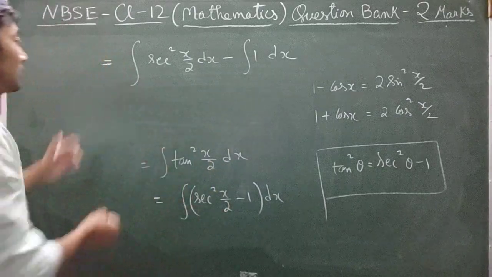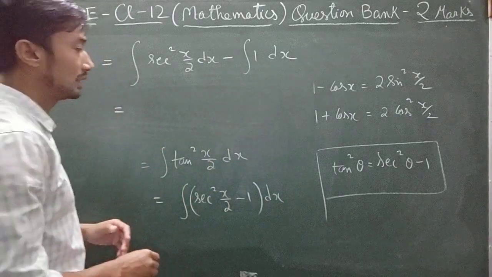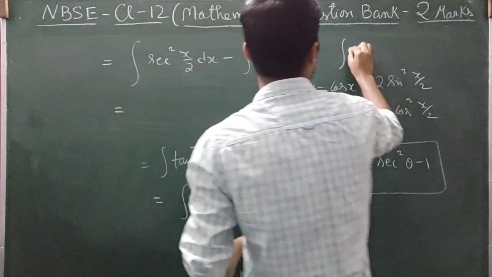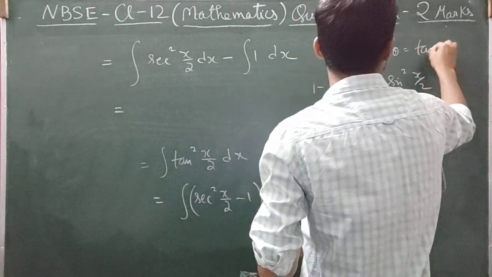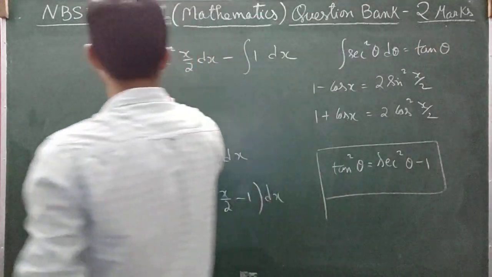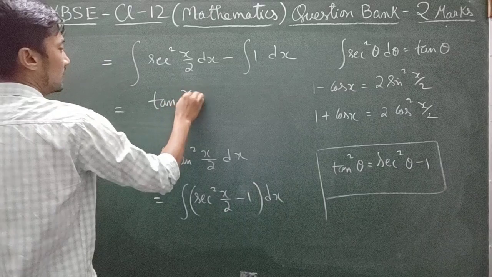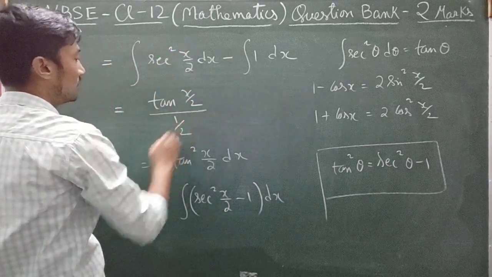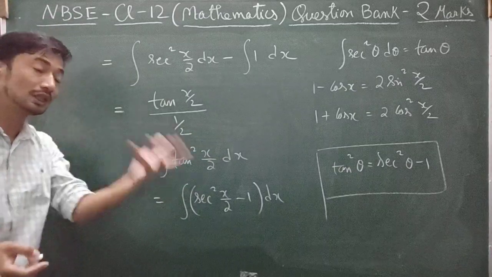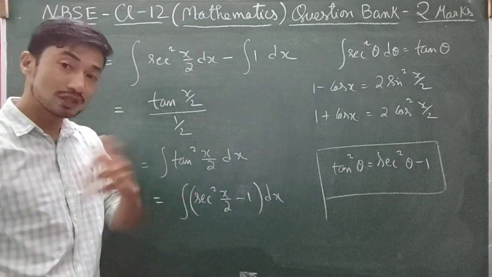Now integration of sec square theta. What was the integration of sec square theta with respect to theta? That was tan theta. So that's going to be tan theta. What is theta here? x by 2. So by substitution, I've already told you in the previous videos on integration, you can check out those videos.